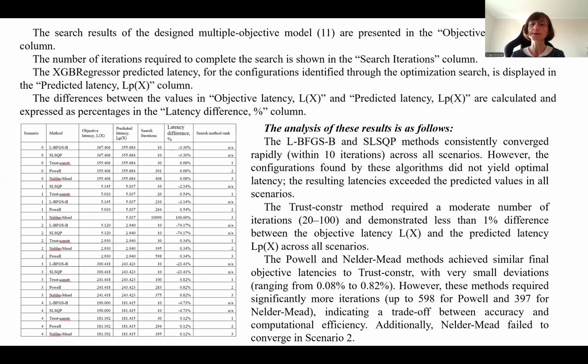And finally, the two last methods, which are non-gradient based methods, Powell and Nelder-Mead, achieved similar final objective latency as the trust region constraint with a very small deviation, less than 1% from the predicted latency.